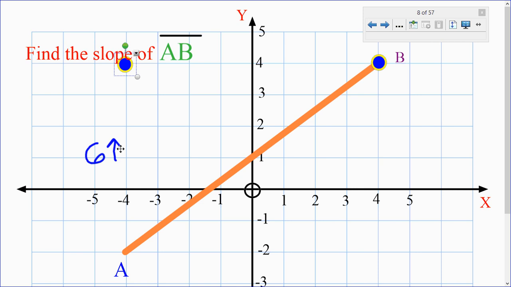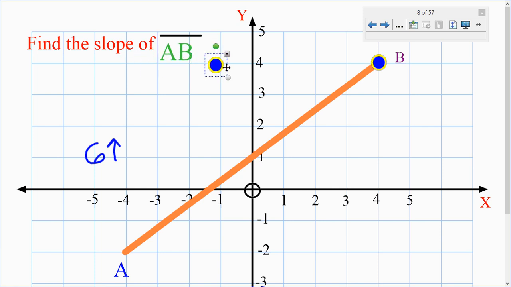Now let's continue going across to get to point B. So let's see how many we go over. So let's grab our point, move that out of the way. All right, 1, 2, 3, 4, 5, 6, 7, 8. And that's 8 points across.